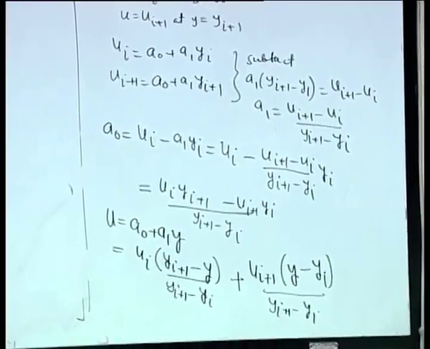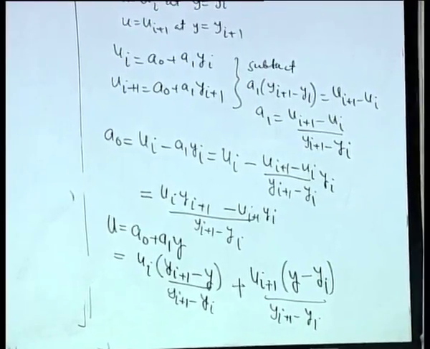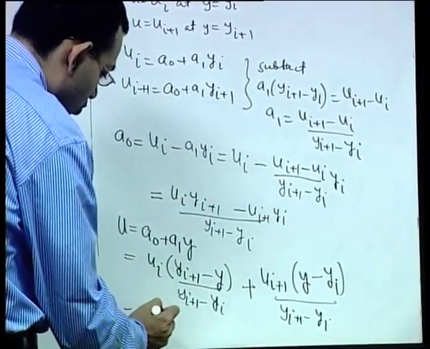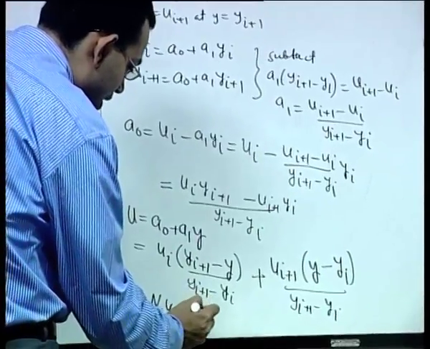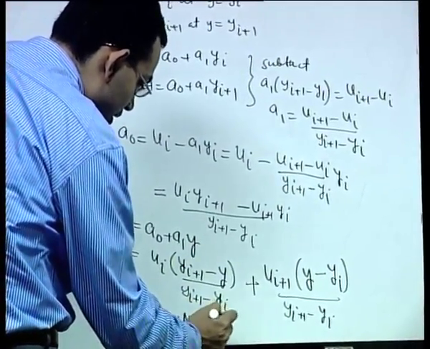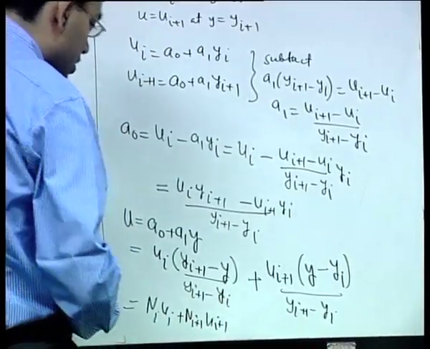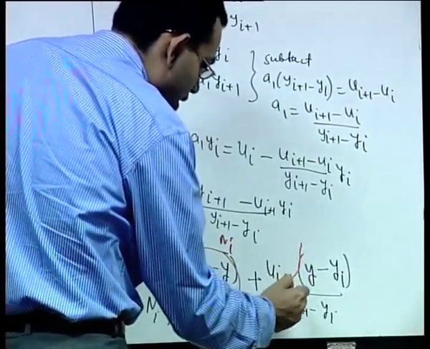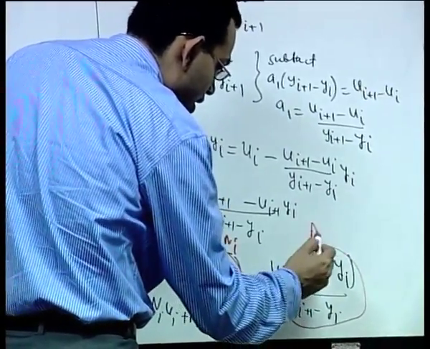So, if we call this as Ni ui plus Ni plus 1 ui plus 1, then obviously this is Ni and this is Ni plus 1.